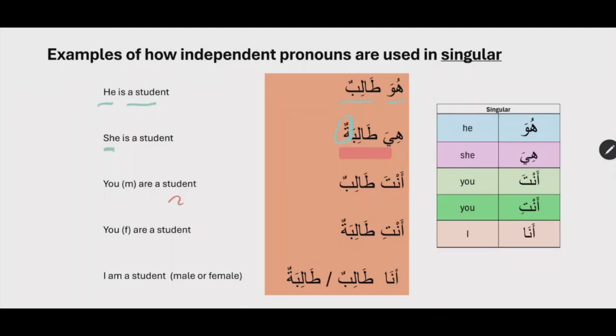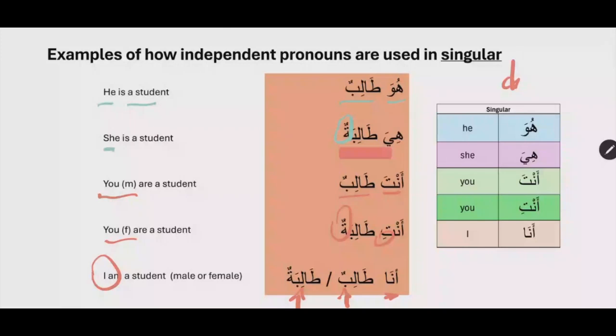Then if you want to use you masculine, you say anta, and then talib. And you feminine, you use anti, and talibatun. Okay? So that agrees in terms of the pronoun and the noun. And in terms of the I, for both genders, you use ana, and then you'll either use talib if you're male and talibatun if you're female. Okay, so this is essentially how the singular column works with the noun that follows the pronoun.